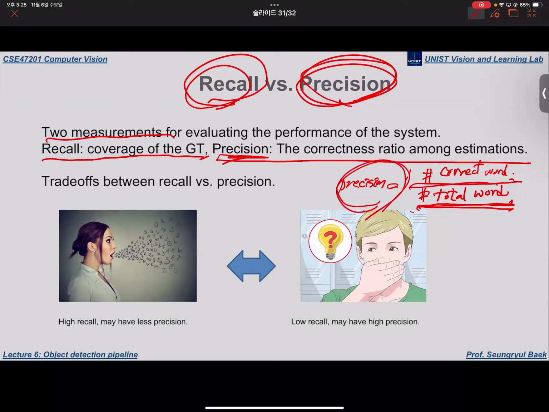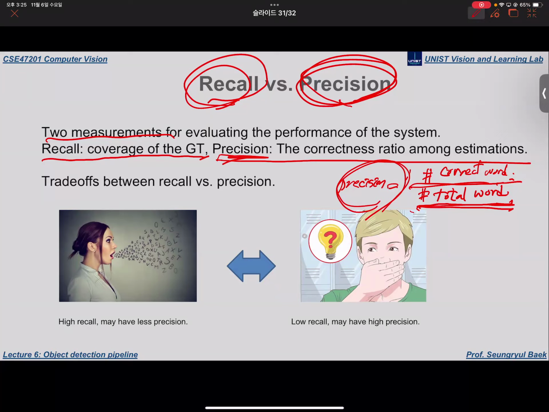So this is a good measure for measuring the accuracy of the system, okay? If a person lies a lot, we can evaluate that person as a bad system, right? We will not trust him later, right?